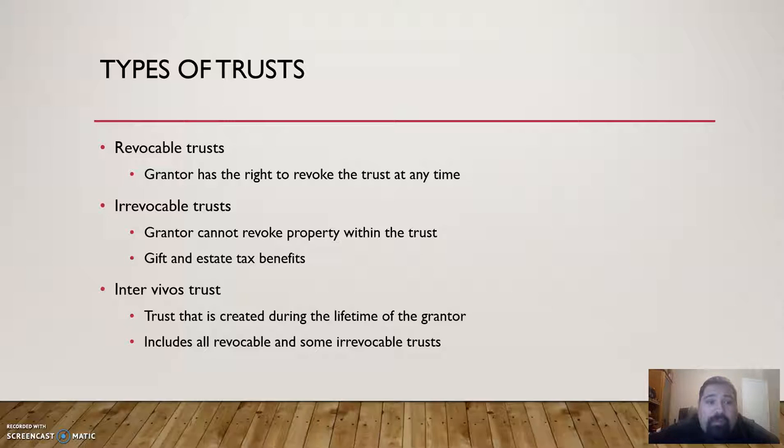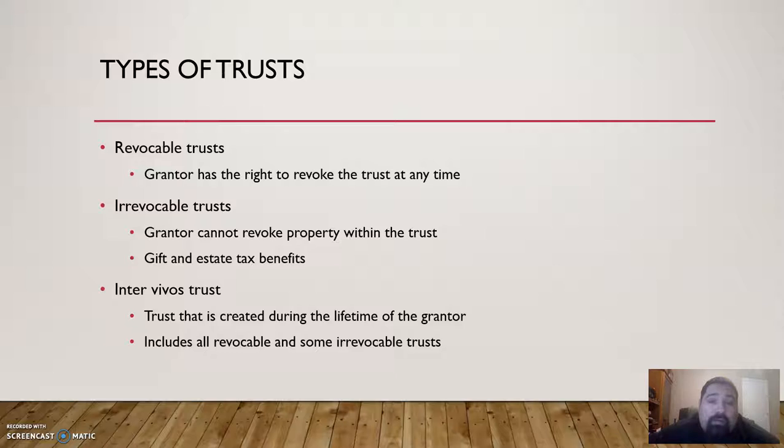The different types, you have revocable, irrevocable, and inter vivos. A revocable trust is, as the name suggests, when the grantor sets up the trust, they actually reserve the right to revoke the trust at any time. This could be for several different reasons. Let's say, for example, misbehavior or something of that nature.